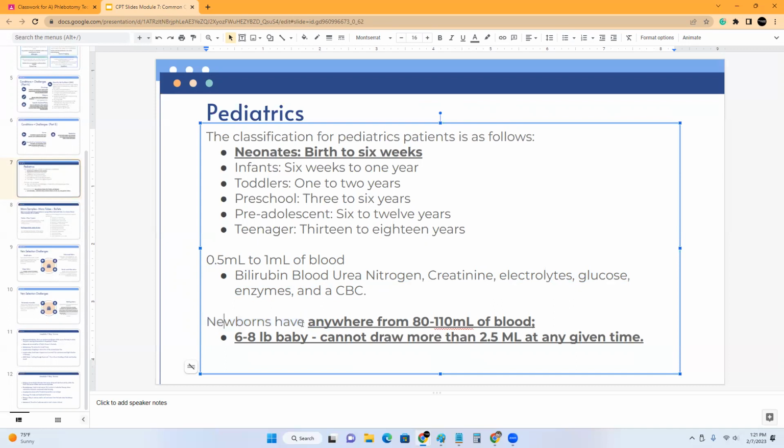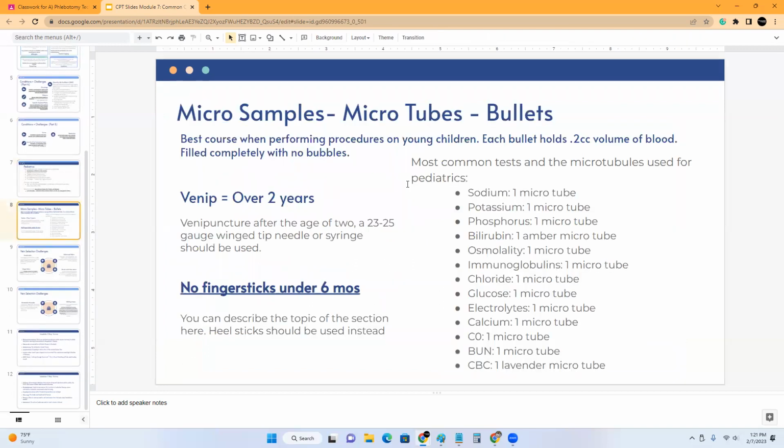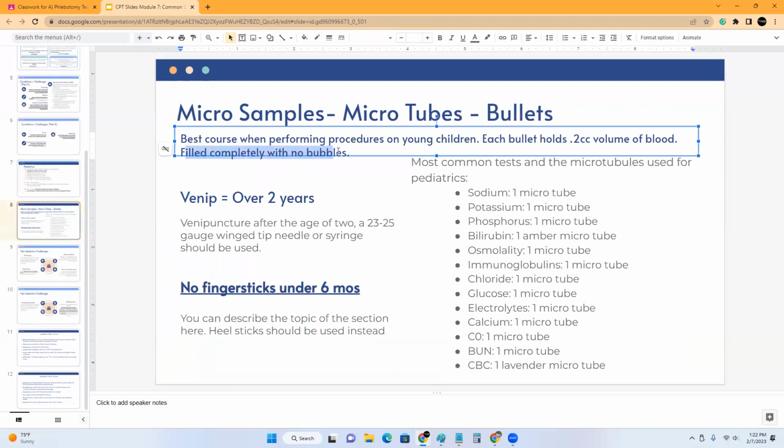They only have 80 to 110 mLs of blood in their body, so you cannot take more than 2.5 at any given time. This is where those heel sticks with the microvette containers come in handy. Microsamples or microtubes, or the bullets, hold 0.2 cc's or mLs of blood, and they must be filled completely with no bubbles.